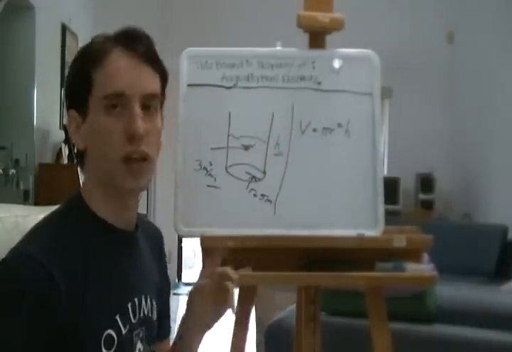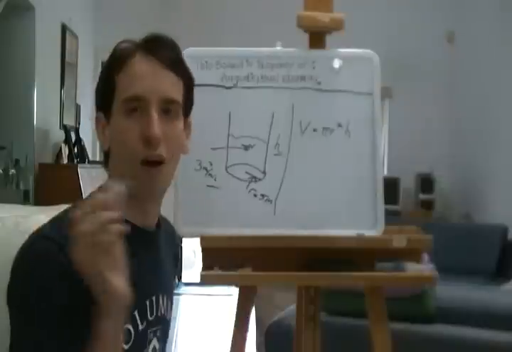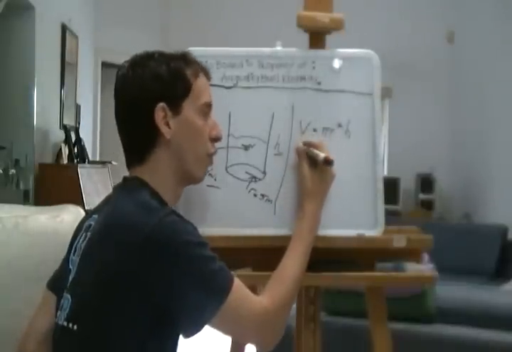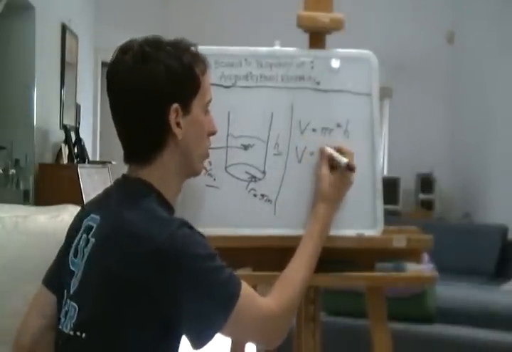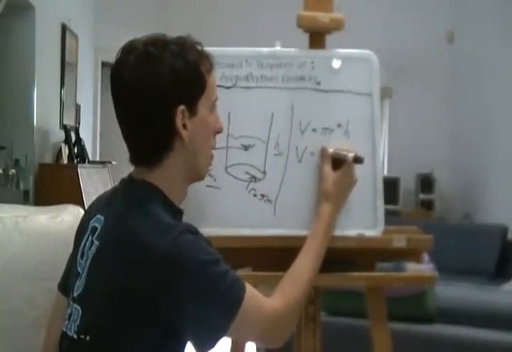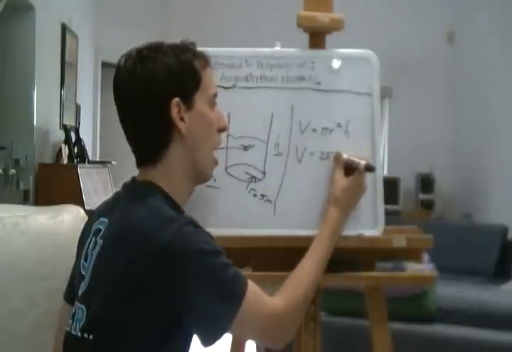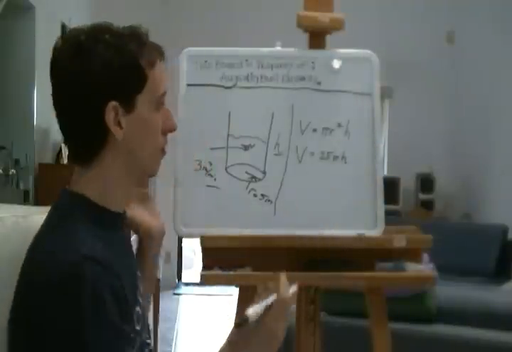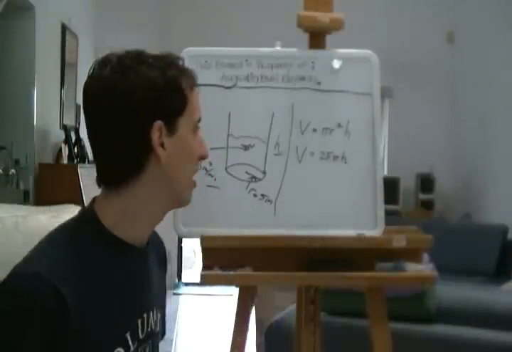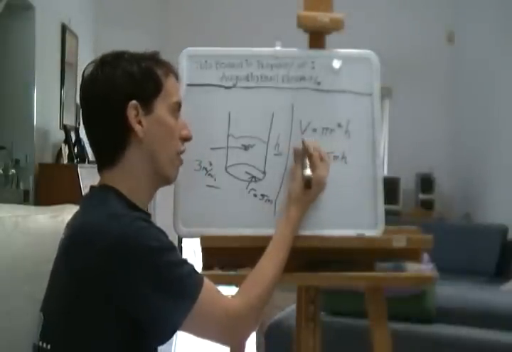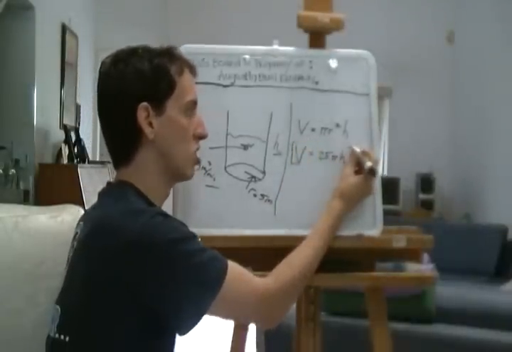This really helps because we have variables here. And we know that r equals 5 meters. So therefore V equals 25 pi h, 5 squared is 25. That's V. But we're not done yet. We know now that V equals 25 pi h.